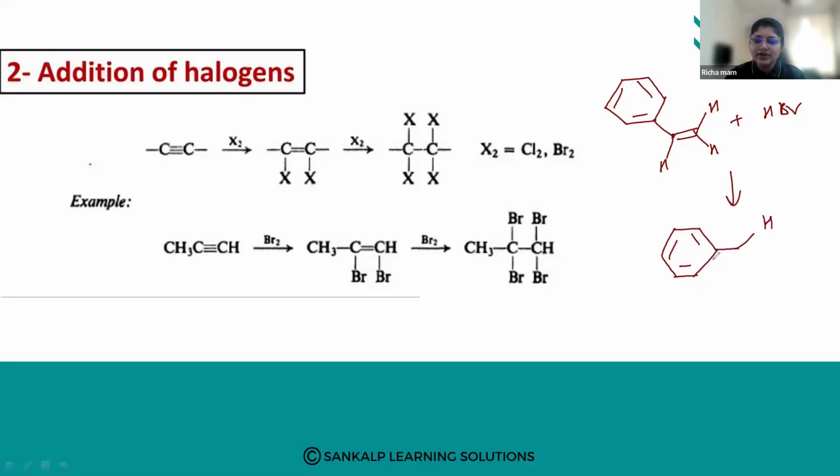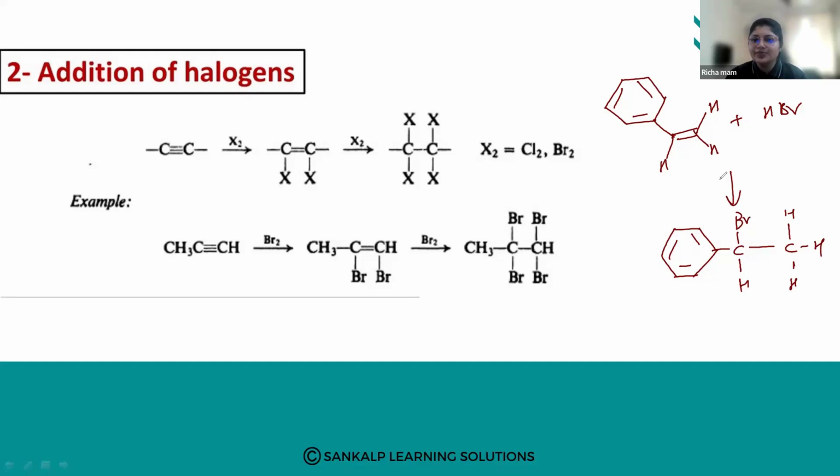Now how will the addition take place? At one carbon, Br will add up, and another carbon will be CH3.